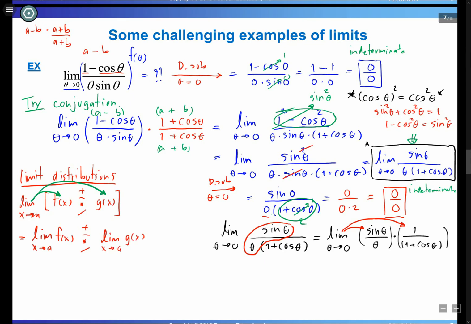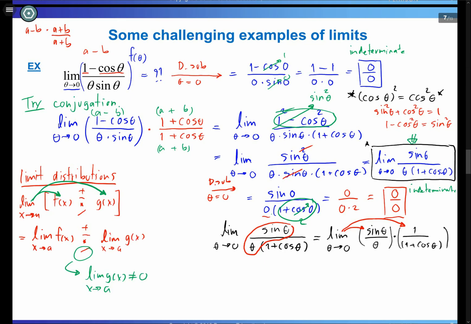Keep in mind that if you have division, the limit of g(x) when x approaches a must not be equal to 0. Otherwise, you are going to get a 0 denominator. That's going to be a problem.